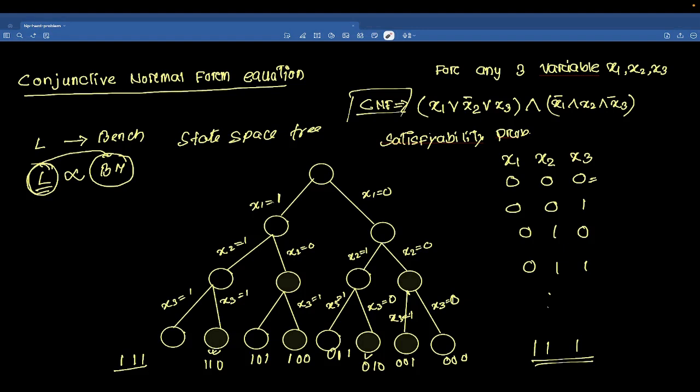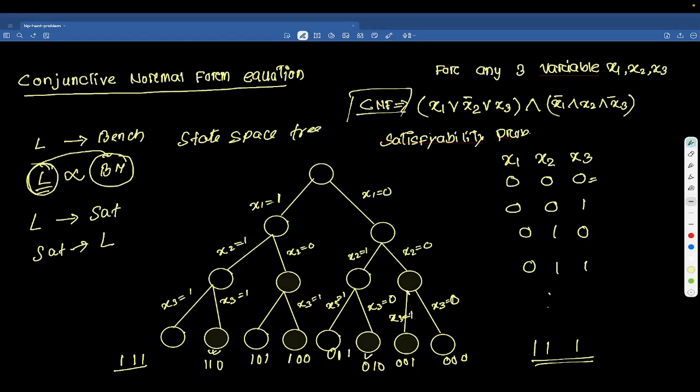Now our next phase is to compare with any existing complex problem, and we will see whether that problem can be converted into a satisfiability problem, or if the satisfiability problem can be transformed into the problem that we have considered. For that, we are considering the 0/1 knapsack problem.